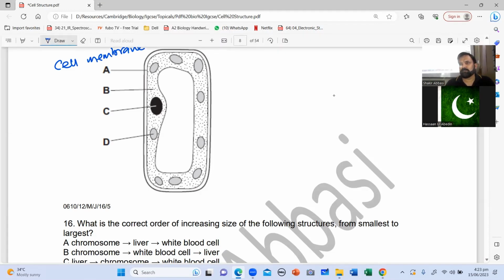B. Don't let others beat you. C. Nucleus. D. Chloroplast. Chloroplast. What's the answer? Delta, right? Yes, sir.